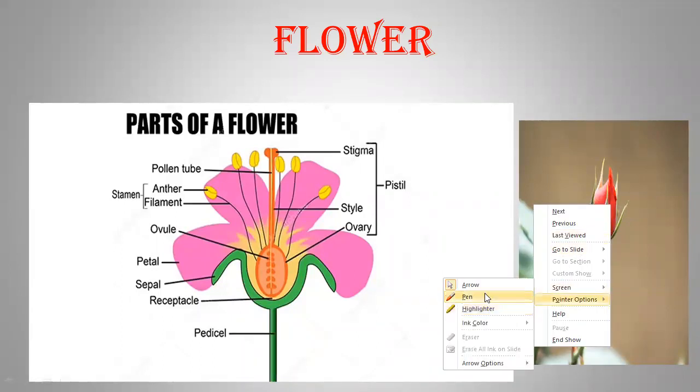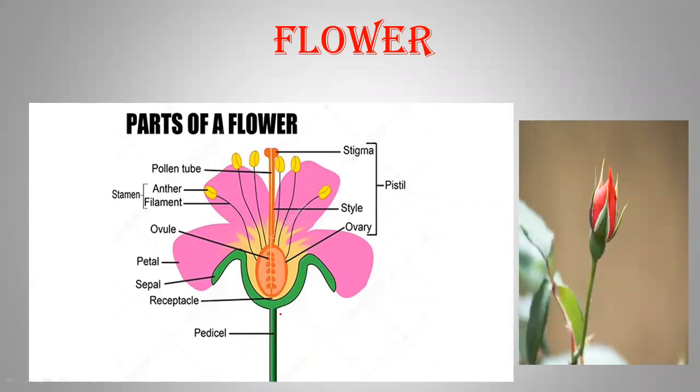So when we see the structure of a flower, first, this stalk-like structure which holds the flower is known as the pedicel. In this picture, you can see clearly. Now at the top of the pedicel, there is a swollen structure, that is known as the thalamus or receptacle.